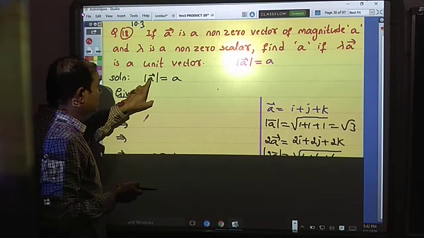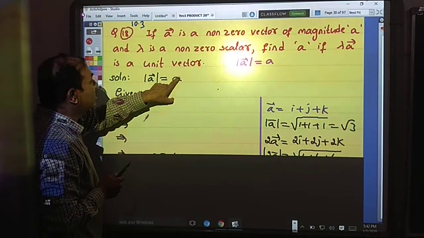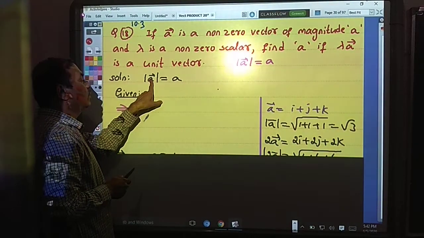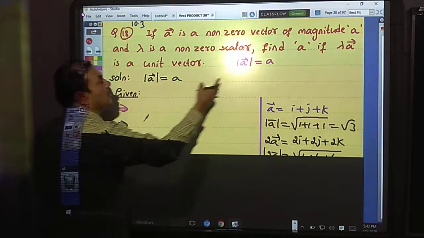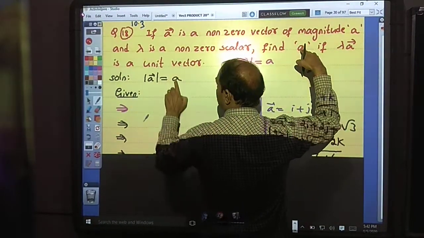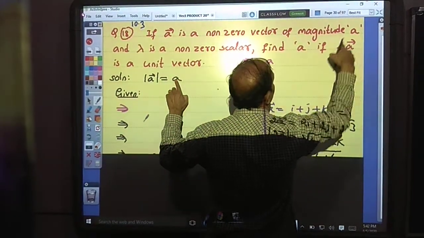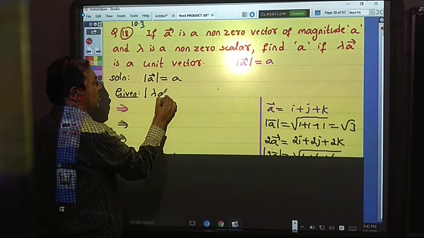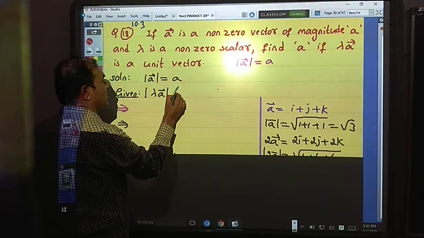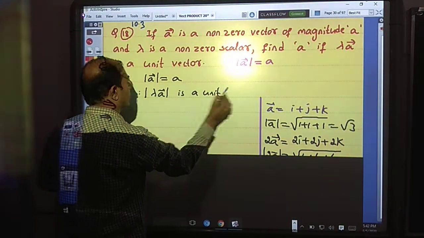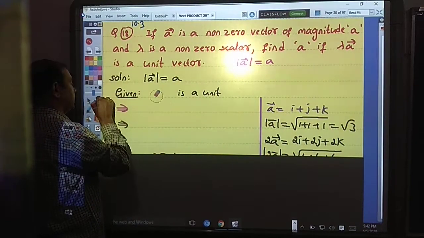Note here, this is vector A and this small a is a scalar which represents the magnitude of A. We have to find the magnitude of A, if lambda times A is a unit vector. This is given. Lambda A is a unit vector.